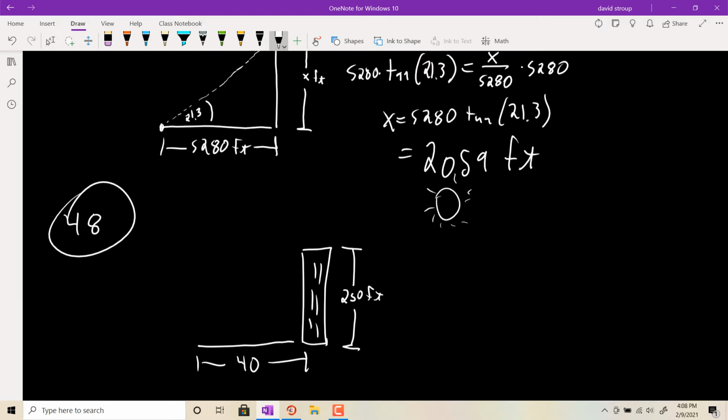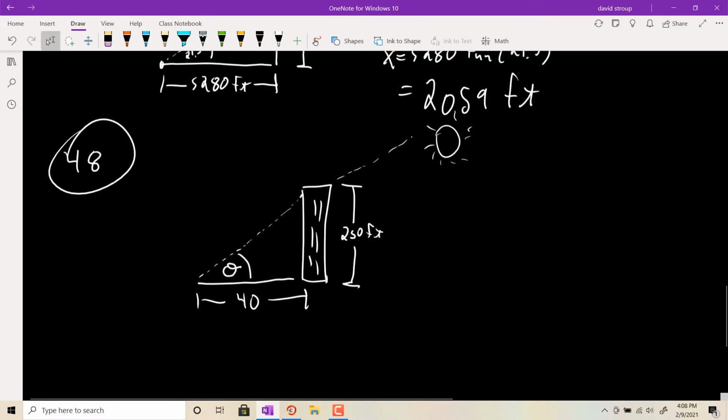Find the angle of elevation again to the nearest tenth of a degree of the sun at this time. So you can assume that the angle of elevation to the sun is found in that way, where this is your angle that we're after. Let's call it theta. Again, it looks like we can use the tangent function.